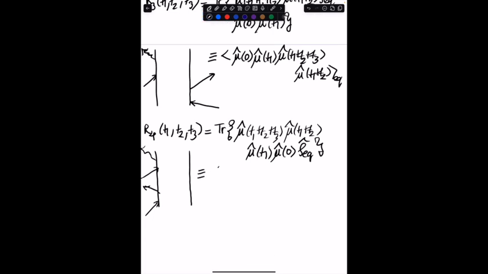And then this is equivalent to mu T1 plus T2 plus T3, mu T1 plus T2, mu T1, mu 0 rho equilibrium. Again, reminding you guys this rho equilibrium, previously I wrote it as rho 0.